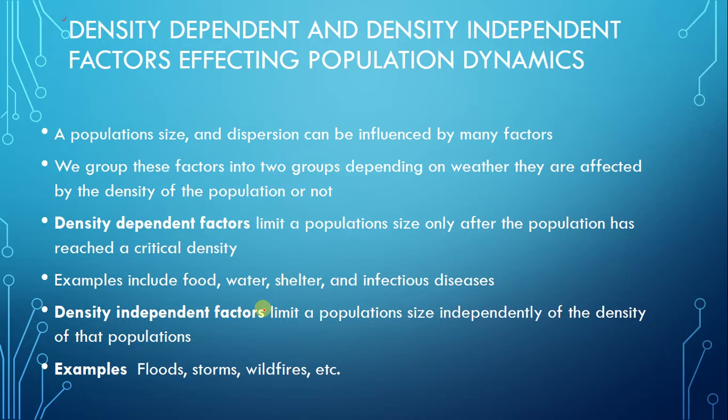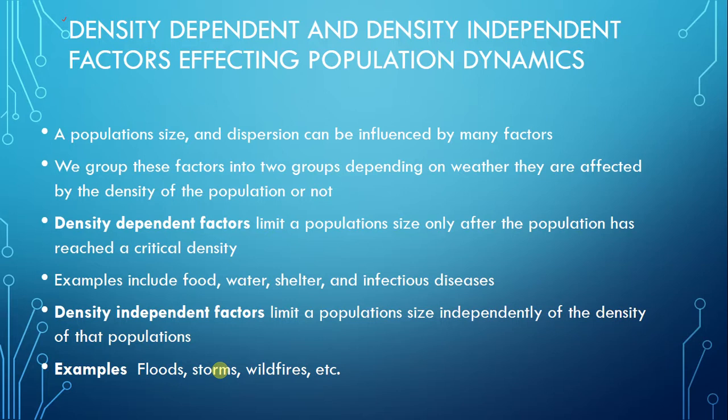However, there are other things called density-independent factors that, no matter the population size, are going to have an effect. Floods, storms, and wildfires kill off animals regardless of whether they are very densely populated or less densely populated. A huge tsunami wipes out North America, lots of death. It doesn't matter that the population density is Wyoming or New York.